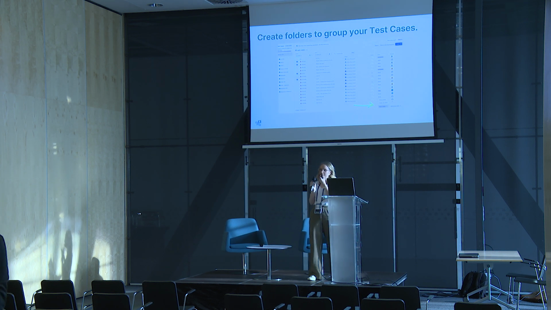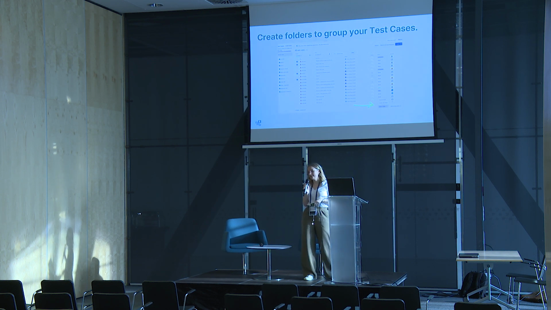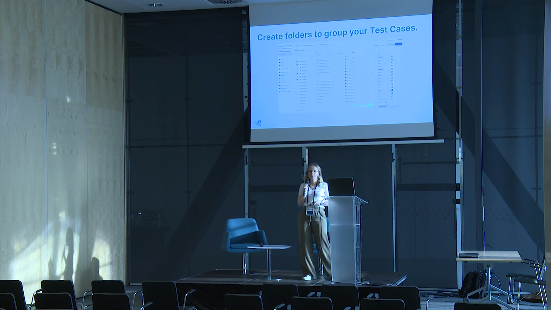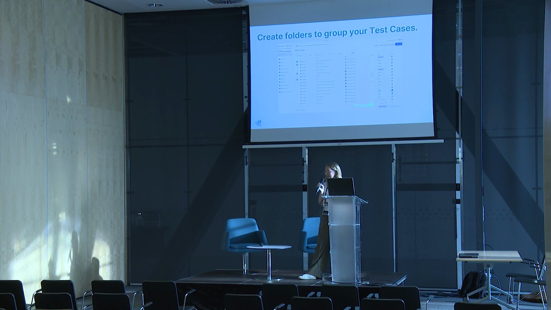But you can also create folders for different tests, for example regression tests, or maybe some smoke tests, etc. And from the folder view, you can quickly create a test cycle just with 3 clicks.